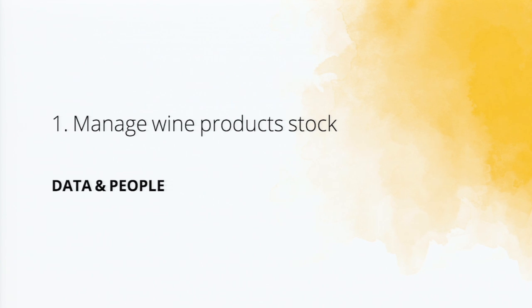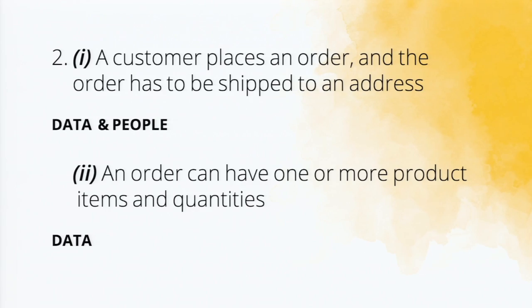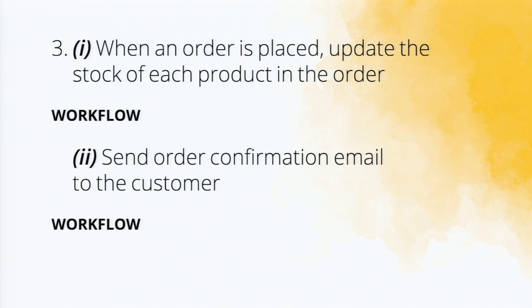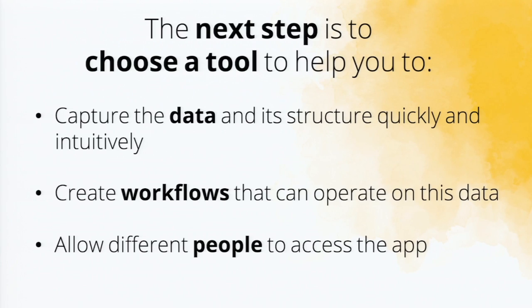The storekeeper is the person who's touching the system. And then a customer is placing an order. Here, the customer is the people, right? And then an order is placed, and you have to update the order, the product details, and inventory details, which is, again, a workflow. And you want to send an order confirmation email, again a workflow.